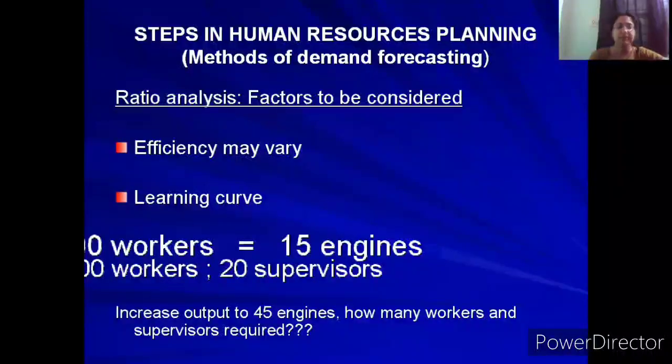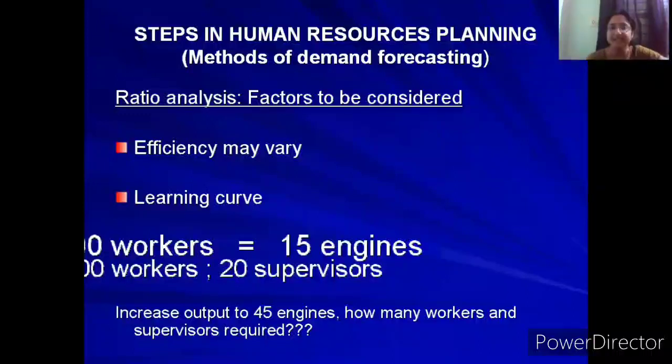Anyway, so we may think that we will be needing 60 supervisors and 300 workers, but this is not the case. According to the learning curve, for 1 year, 100 workers may be producing 15 engines. But because of doing the same work again and again, they may improve in their activities.